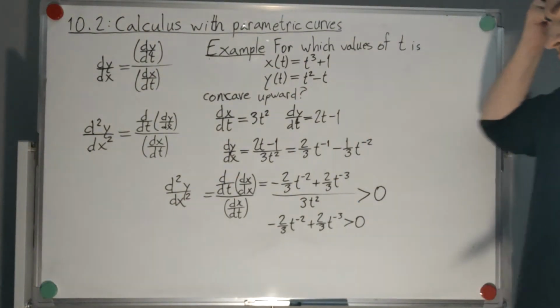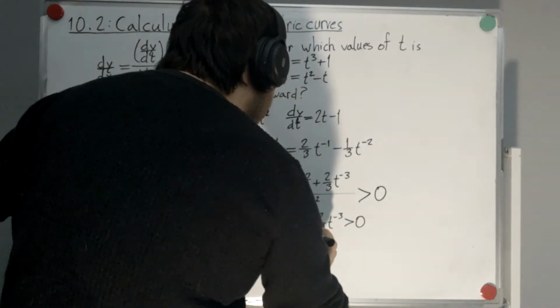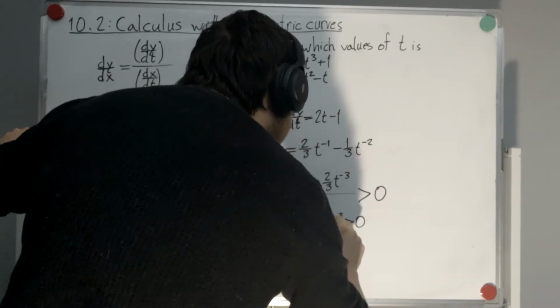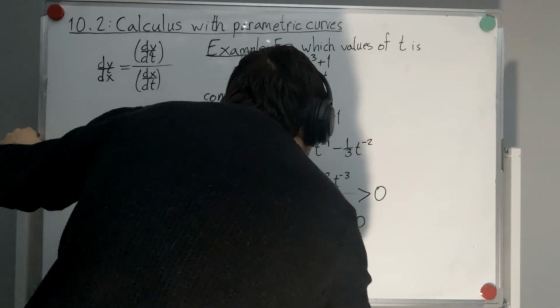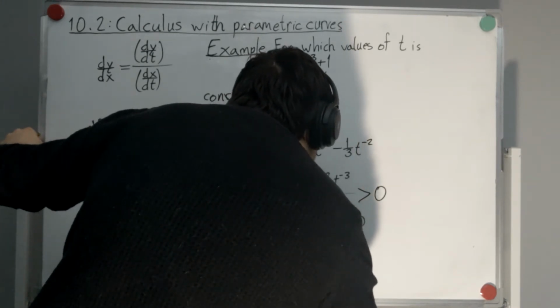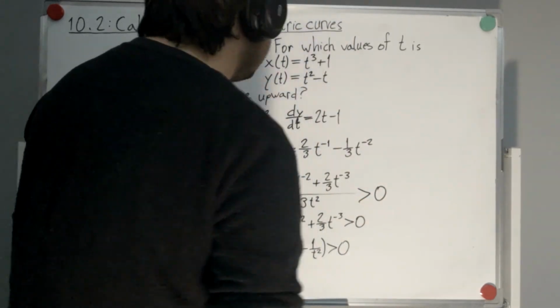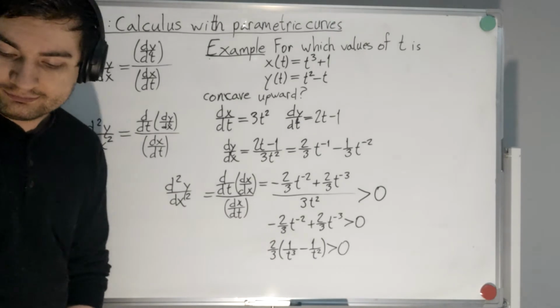This can be rewritten as 2/3 times 1 over t cubed minus 1 over t squared. So we're asking, where's that greater than 0?